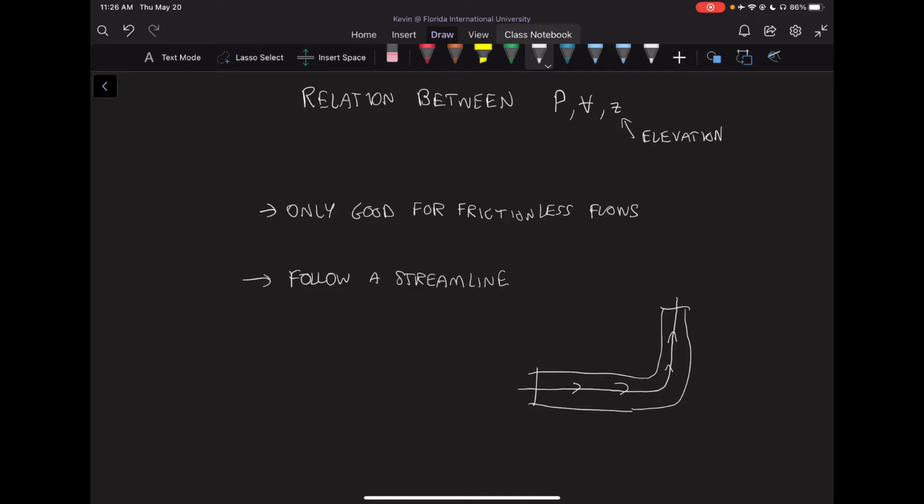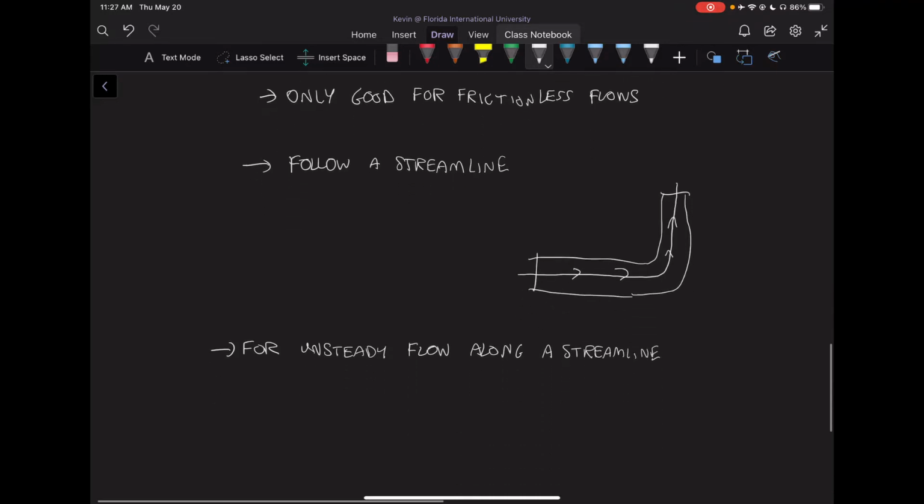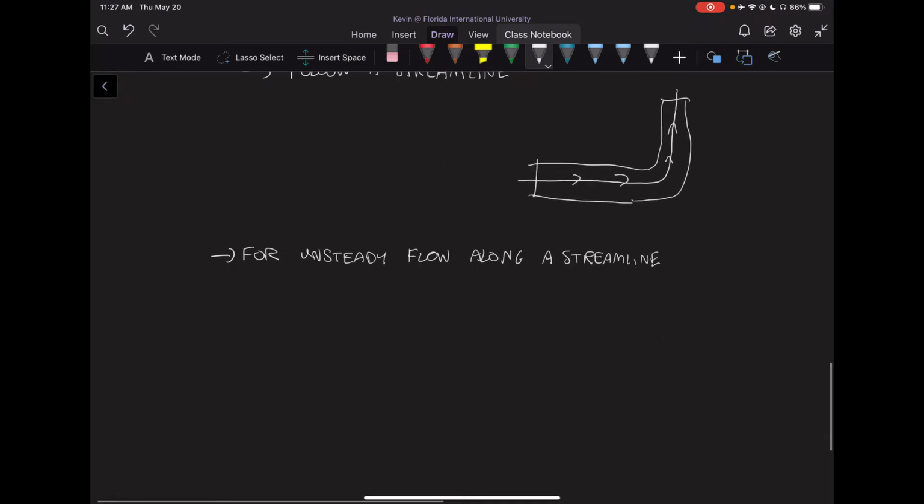So you can derive this from the linear momentum equation, but we're just going to be looking at the final solution, essentially. So we can say that for an unsteady flow along a streamline, our equation actually simplifies to something like this.